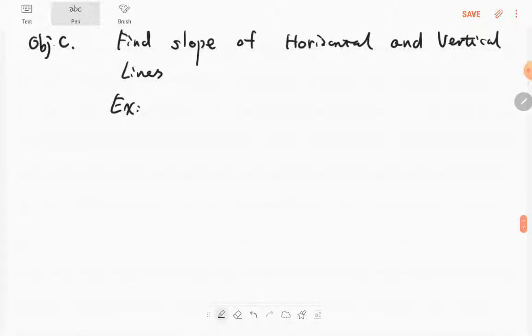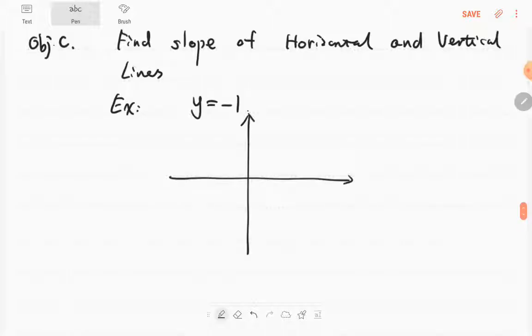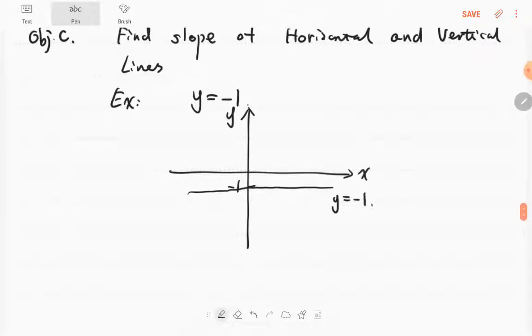Let's see if we have this line equation, y is equal to some value. Remember, if it's y equal to some value, from previous sections we already know y is a fixed number. We will draw this like a horizontal line. Y is equal to a value is parallel to the x-axis.